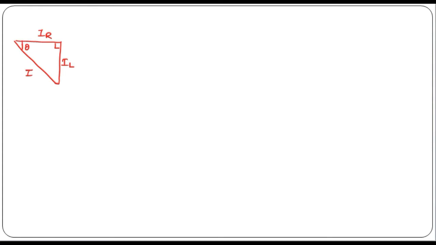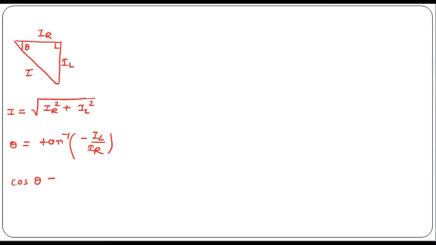So now if we apply the Pythagoras theorem, the total current I will be equal to square root of IR square plus IL square. Okay, now what is theta? So theta is given by tan inverse of minus IL by IR. Okay, and if we find cos theta, then base is IR divided by hypotenuse, that is total current.